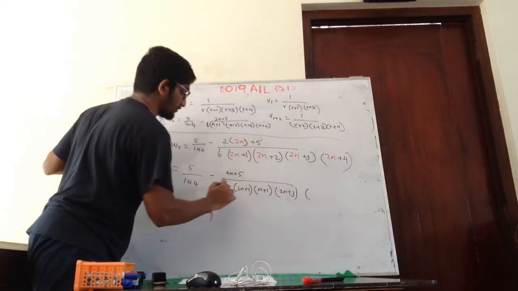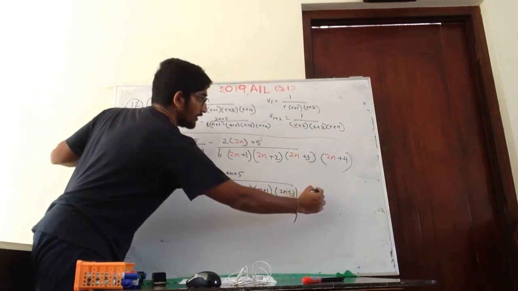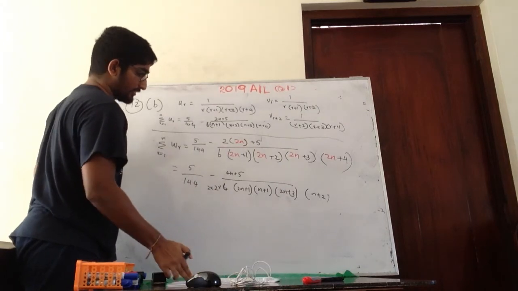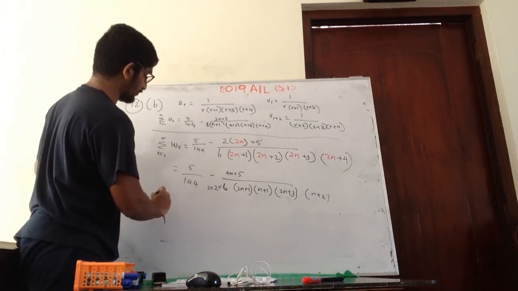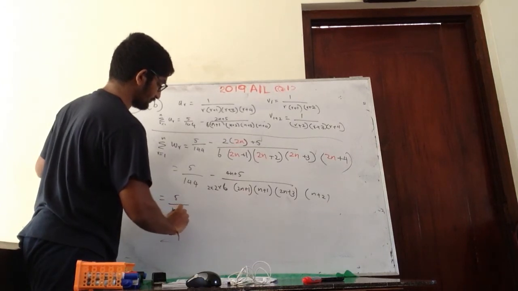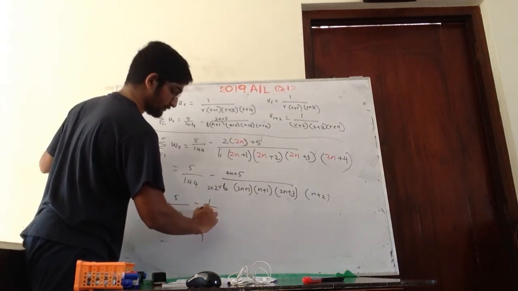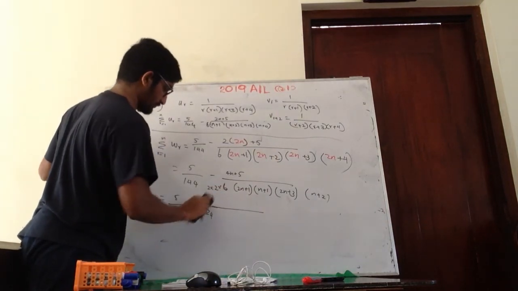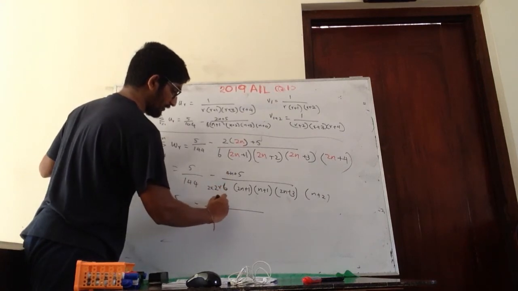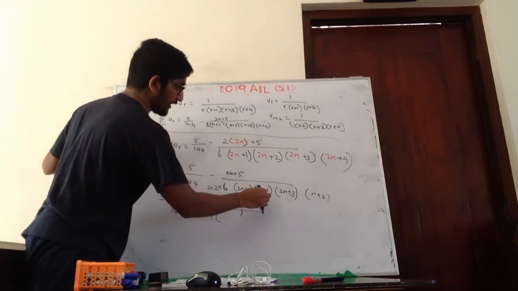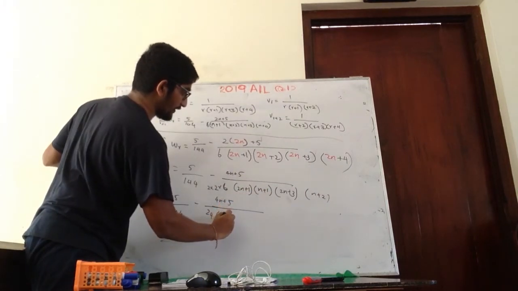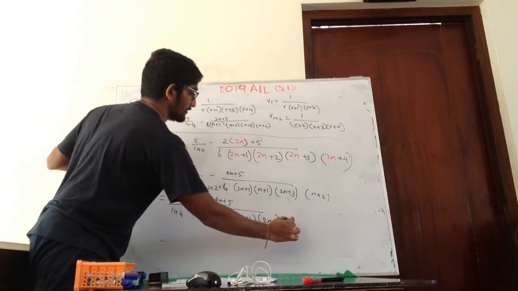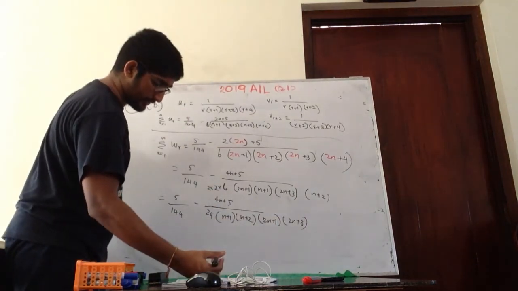I'll take 2 out from here, so I'll have another multiplication here, n plus 2. 6 times 2 is 12, 12 times 2 is 24. So 24, 4n plus 5. Then I'll write this n plus 1, n plus 2, 2n plus 1, 2n plus 3. This is the answer they asked.